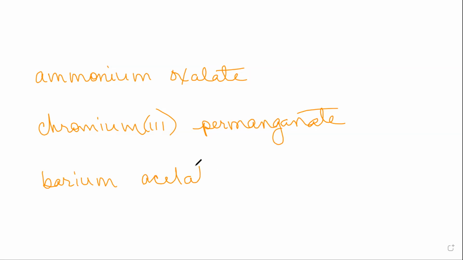I'd like the formulas for these, okay? So let's have these written down so I can share the polyatomic ion table.